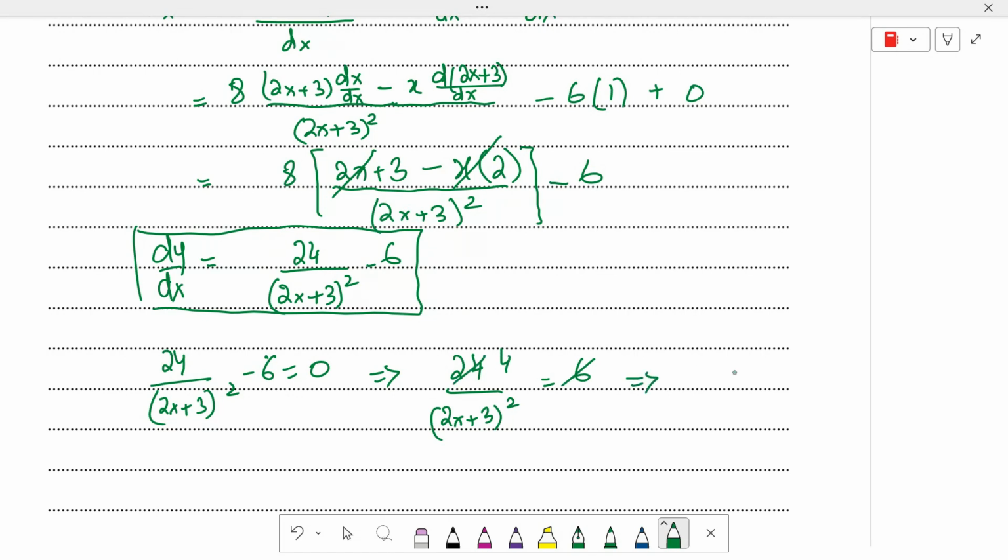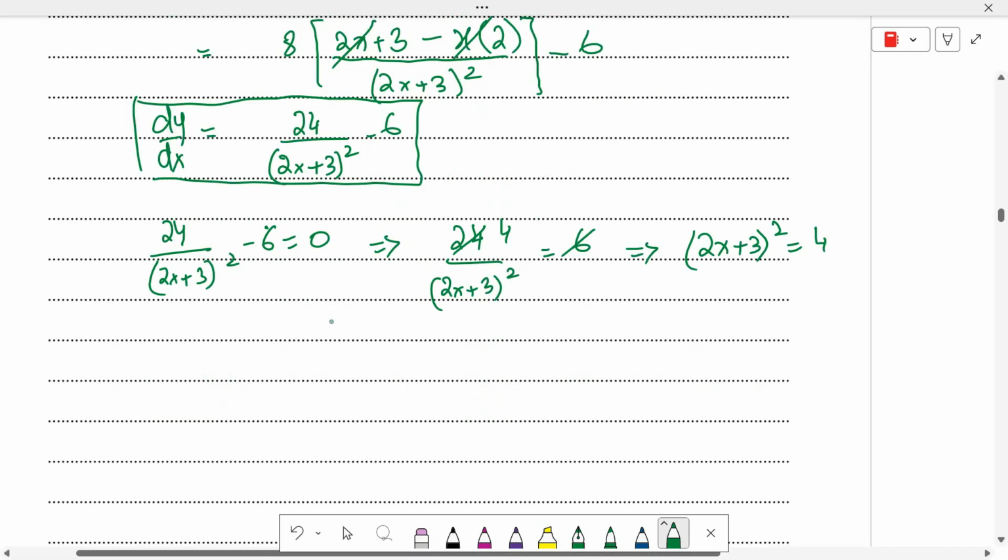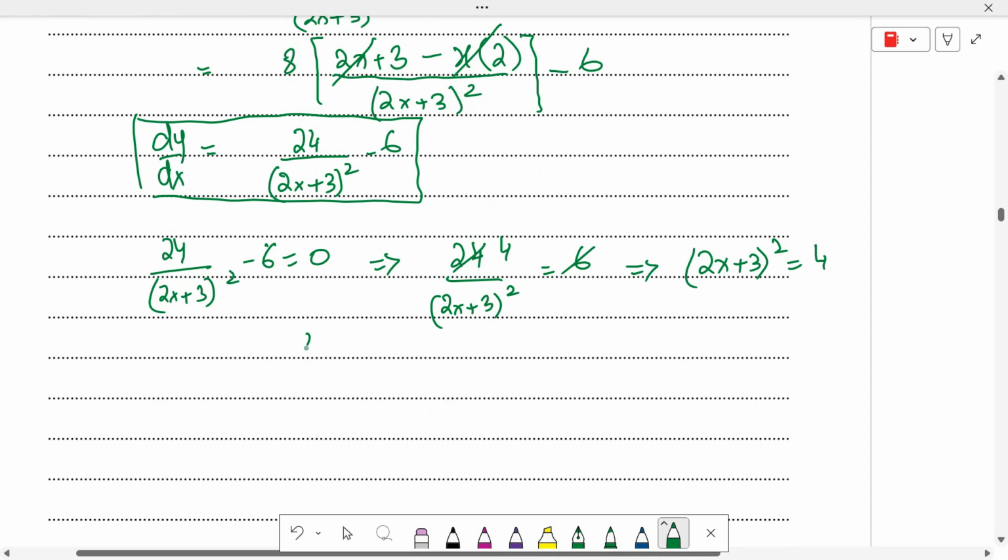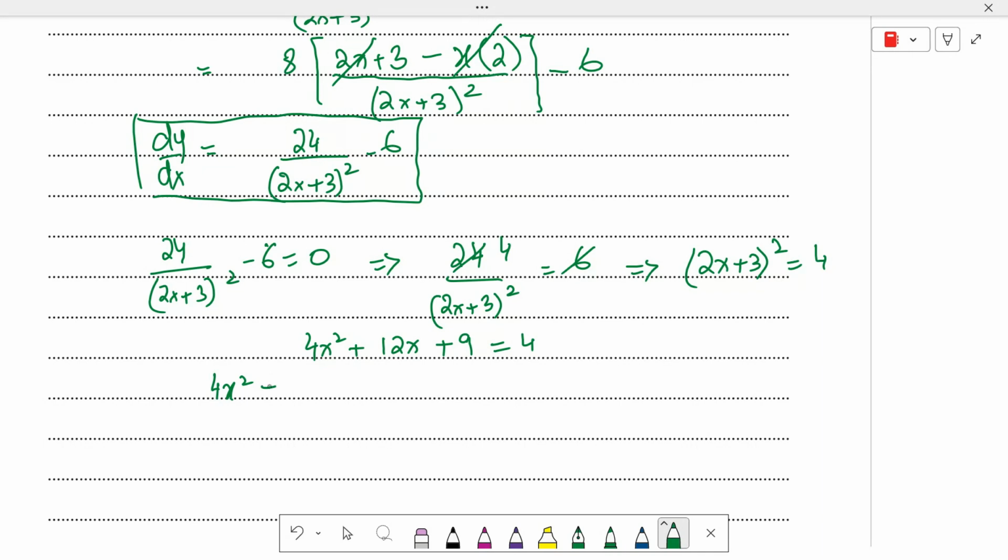So we can say that 2x plus 3 whole squared is equal to 4, and further solving we will have 4x squared plus 12x plus 9 equal to 4, and this is 4x squared plus 12x plus 5 equals 0.